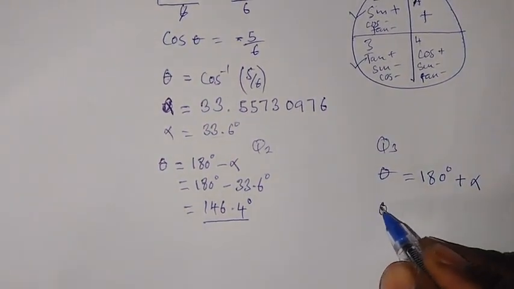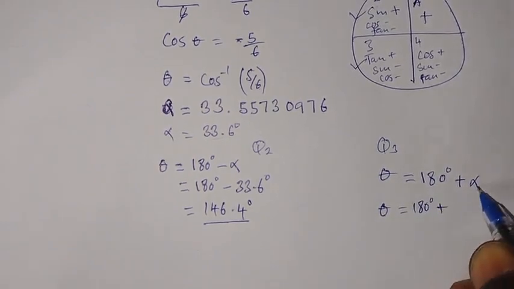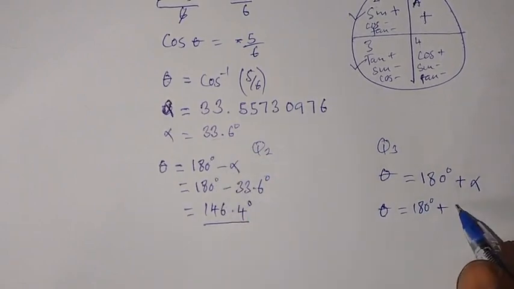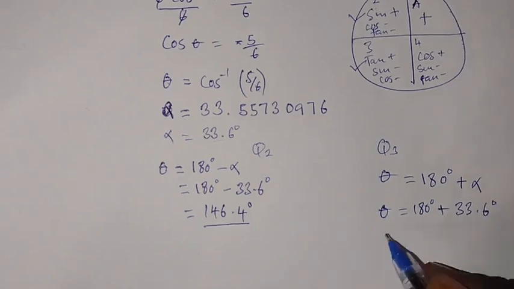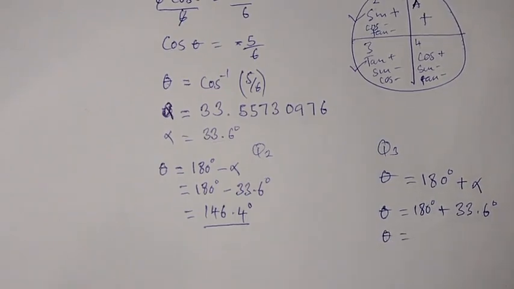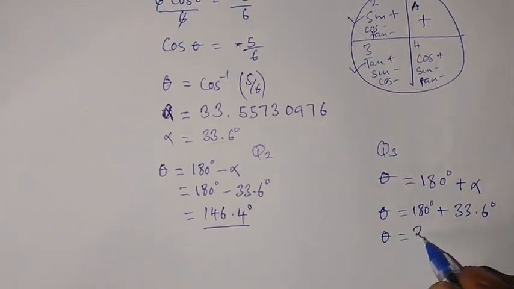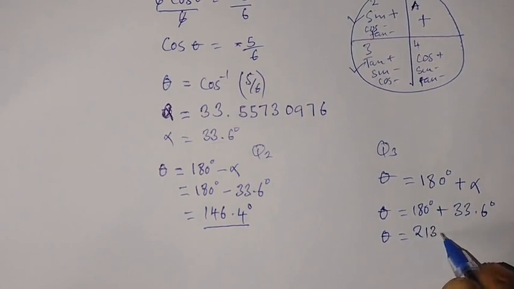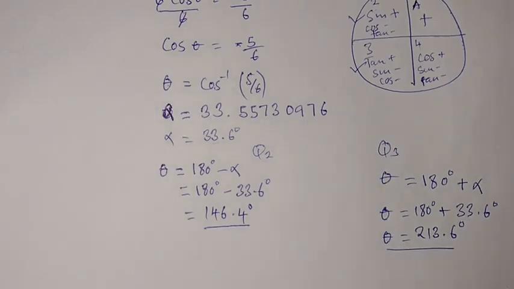So theta equals 180 degrees plus 33.6 degrees, and this gives us 213.6 degrees.